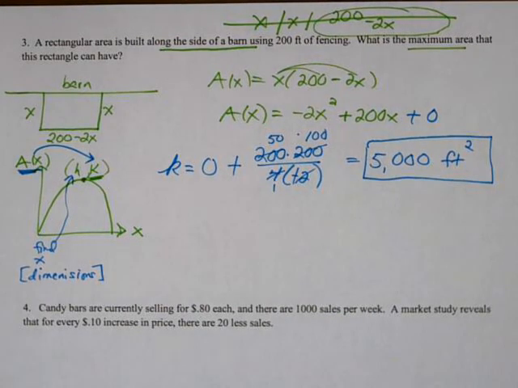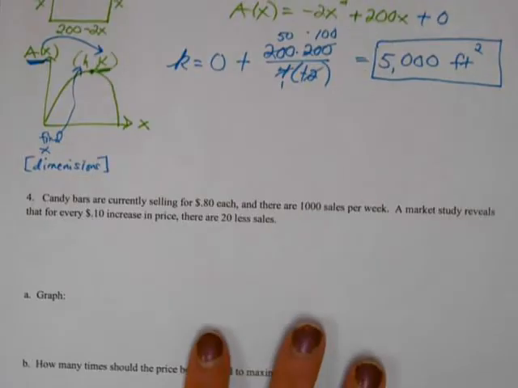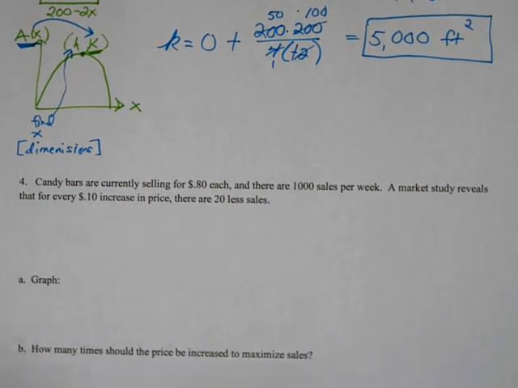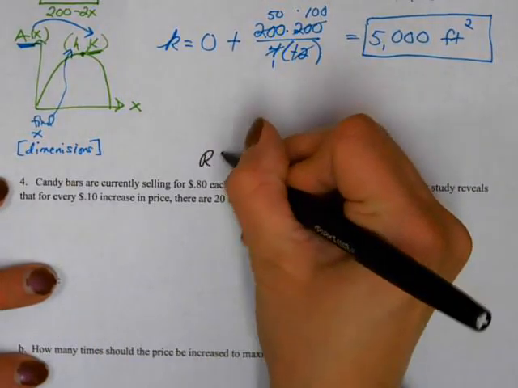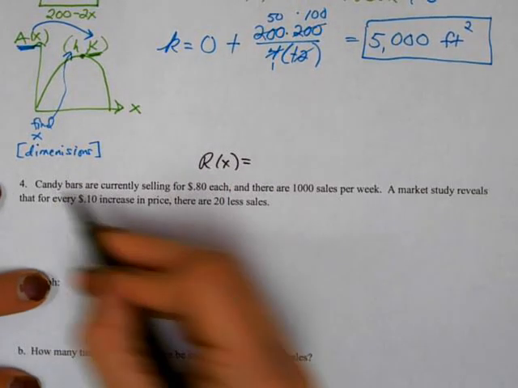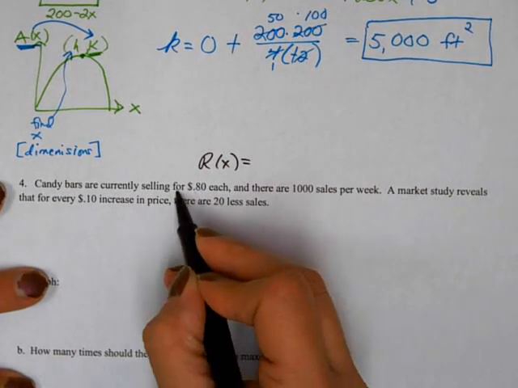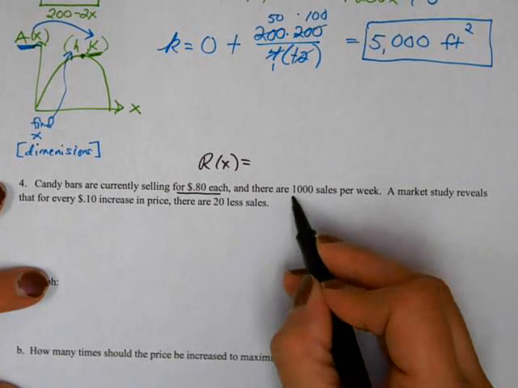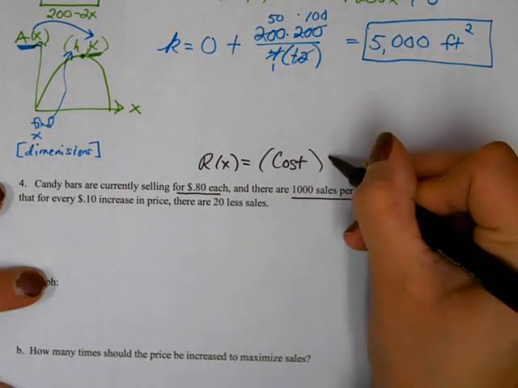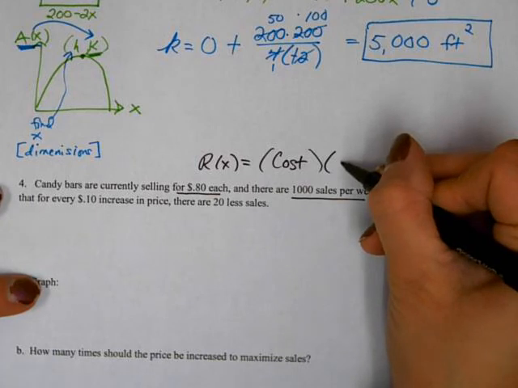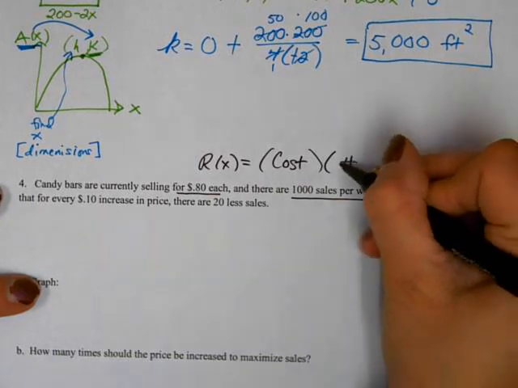And then the last thing that we studied this chapter was the revenue problems. So you're selling something. R of X is going to equal, let's see, candy bars cost 80 cents, and there's 1,000 sales per week. So there's a cost for the candy bars times the number that I'm selling.